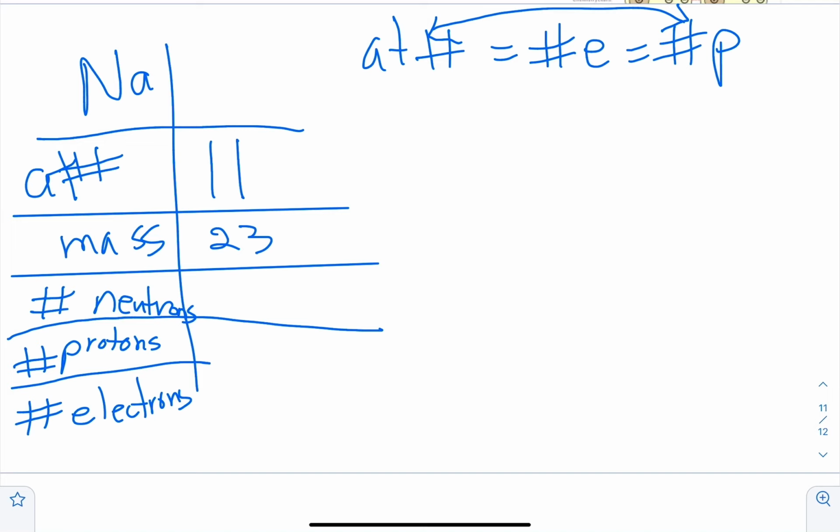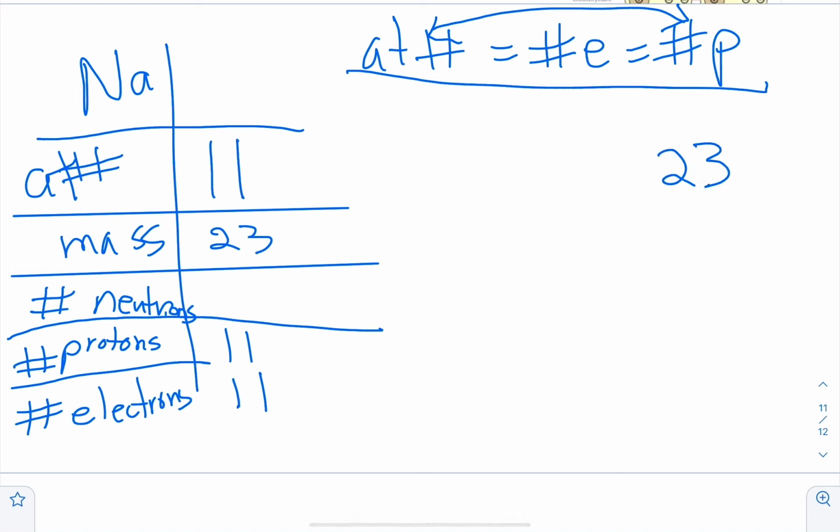So they're giving us the atomic number, so I know right away the proton number is 11 and the electron number is 11 because they're the same thing. Now I need the number of neutrons. Remember, mass is equal to the number of neutrons and protons. So what I do is subtract: 23 is the mass minus the number of protons, and now you know it's 12. So the number of neutrons is 12.